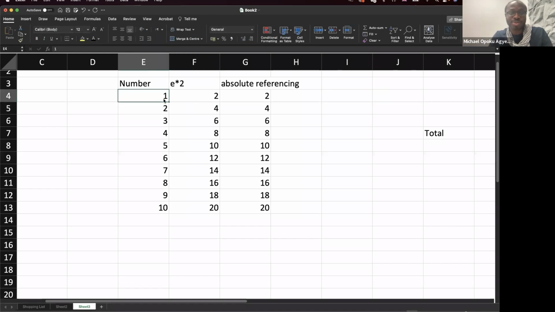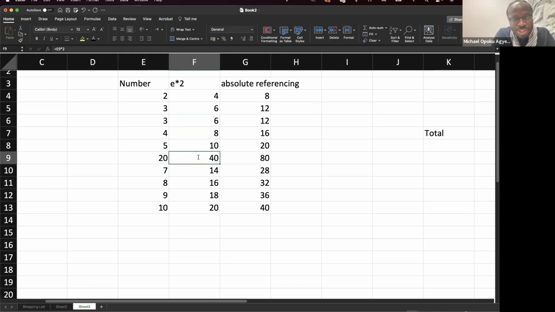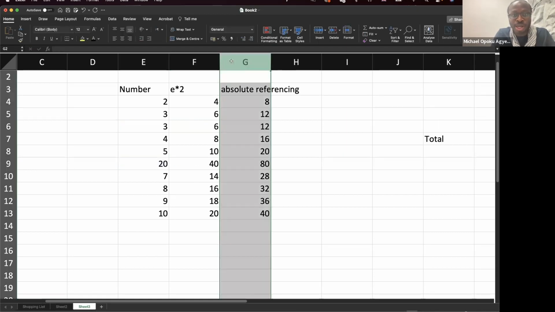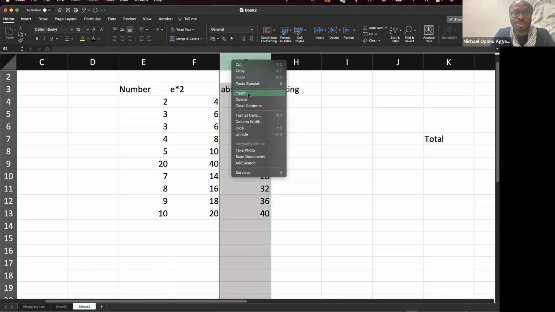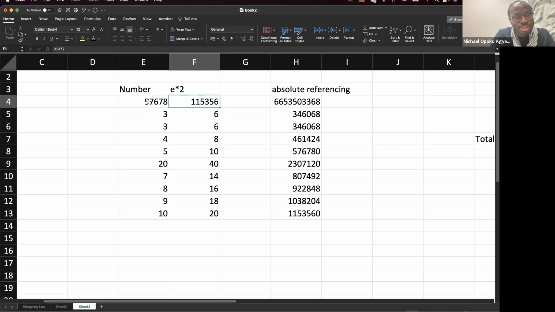If I change this one to maybe 2, and that to maybe 3, and that to maybe 20, you notice it's only the corresponding one that changed. Forget about the absolute for now. Even though I put the equation here and the value changes, if this value changes to 5, something big, it's only the one referencing that particular cell that changed.